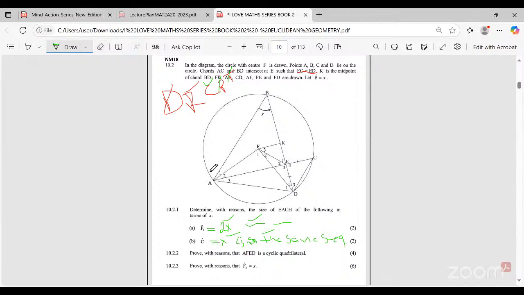This is AFED. We need to prove that this is a cyclic quad. So, how do you think we are now going to do this one? This question is nice, I love this question. I thought it was challenging, but let me give you a chance to try this question and then you will tell me if it's challenging so that I can explain.